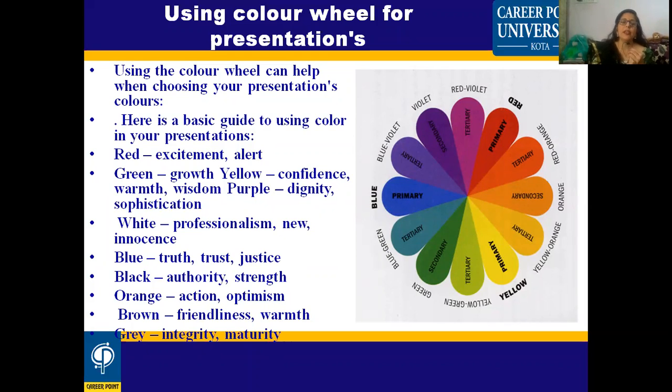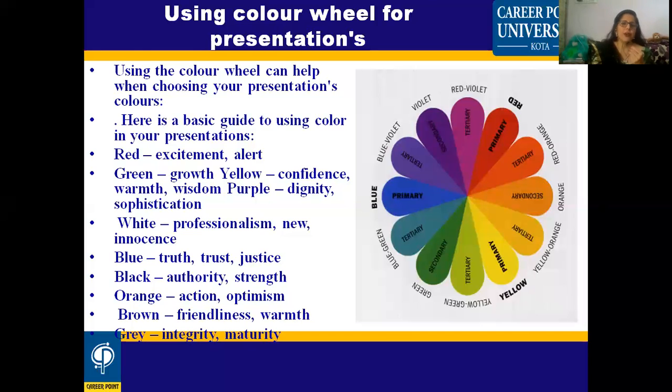So as per the messages that you may have observed here, you can choose certain colors, as orange always conveys action and optimism. On the other hand, friendliness and warmth, these sort of messages can be conveyed through brown color, and gray always delivers the message of integrity and maturity.